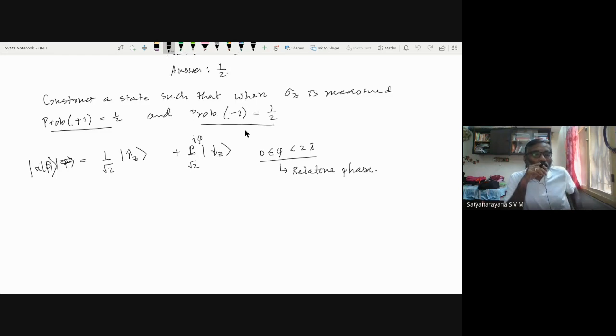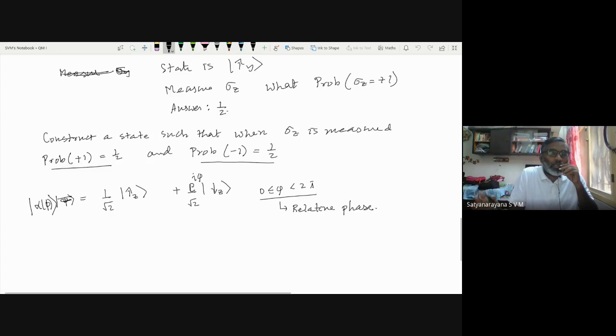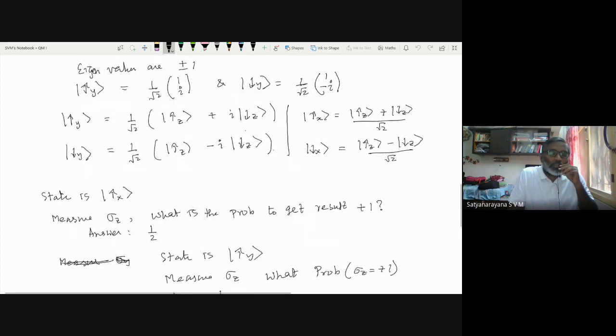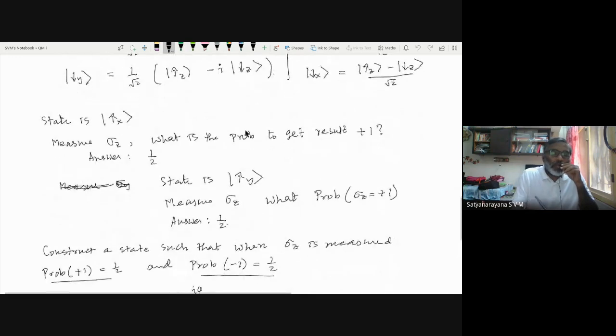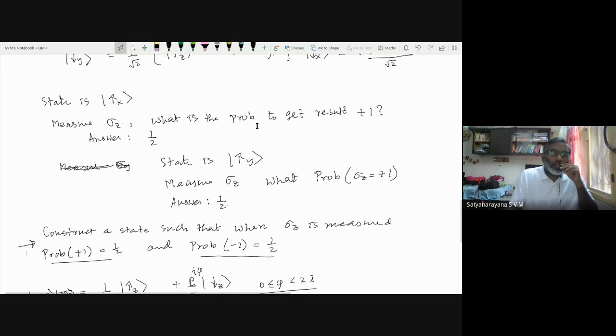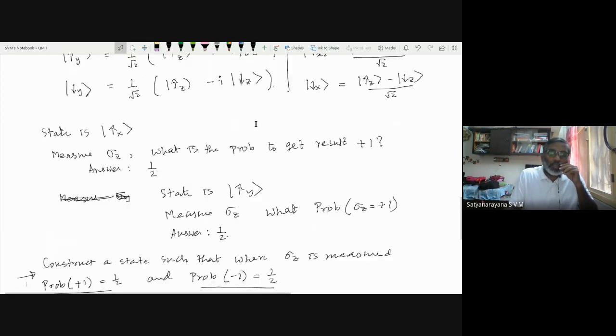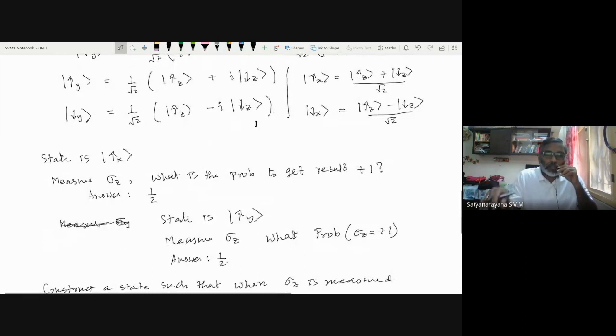And also notice that if our vector space is not defined on the complex numbers, but only on the real numbers, then this problem has only two solutions. What are the two solutions? Up x and down x. That's all, because only the two possibilities, plus or minus, are there.